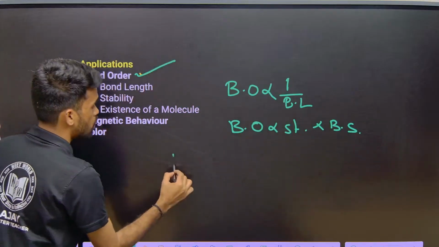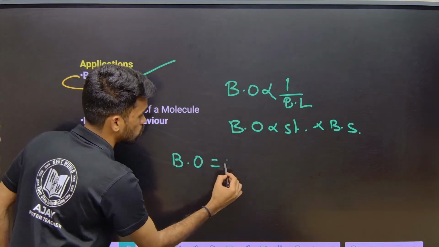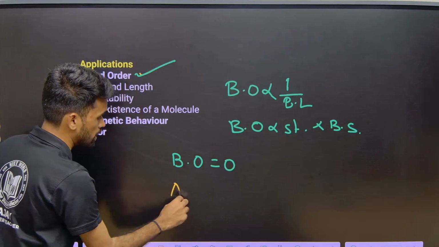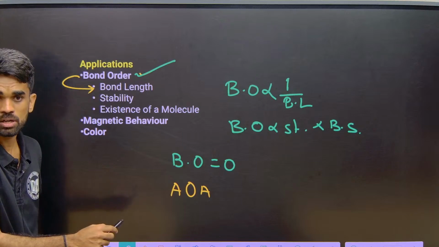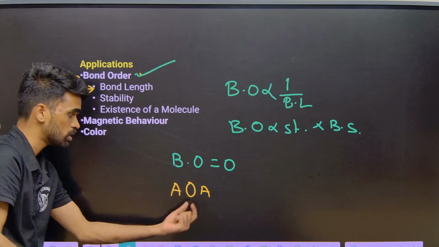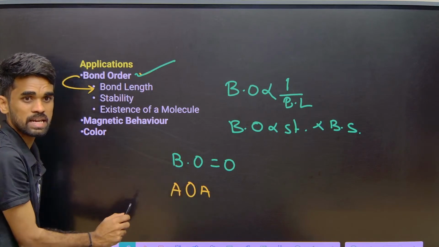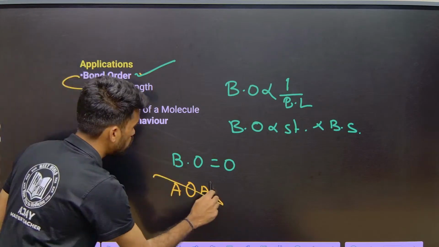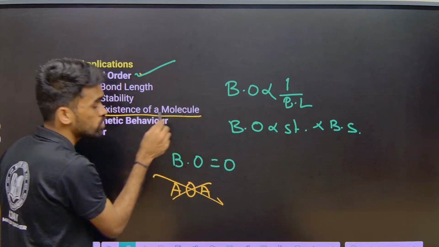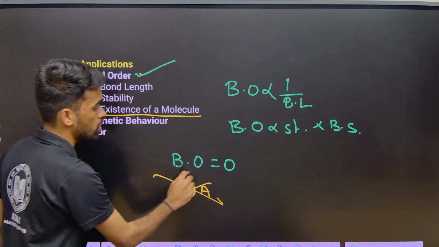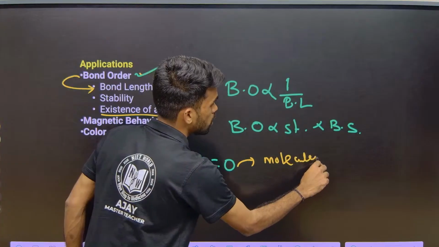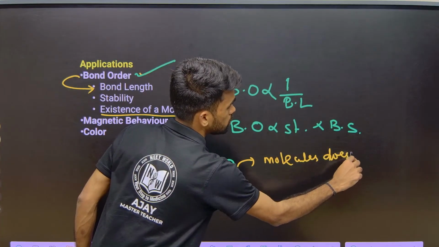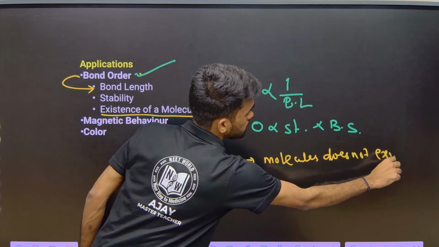And if bond order is equal to 0, it means between two atoms there is no bond. Will they exist as a molecule? No. So it also tells about the existence of a molecule. If bond order is 0, the molecule does not exist.